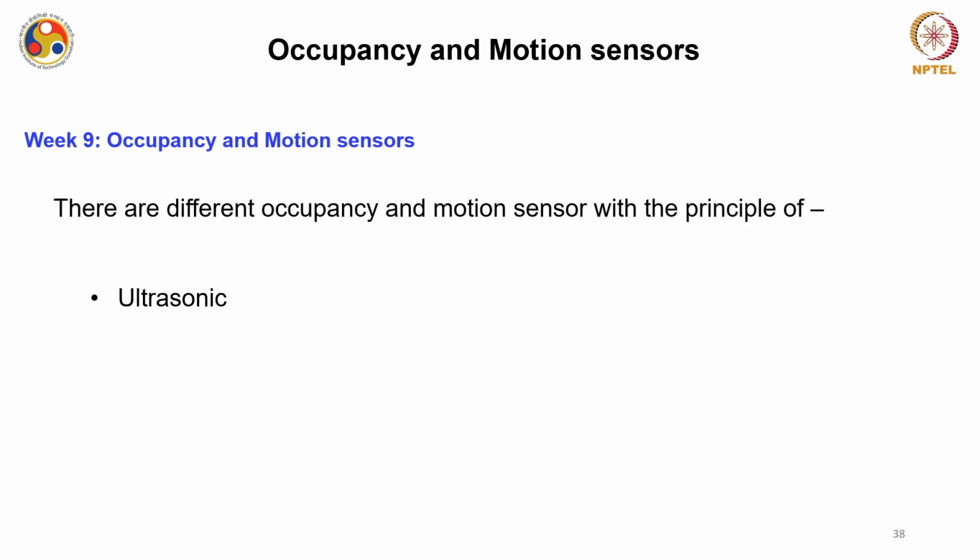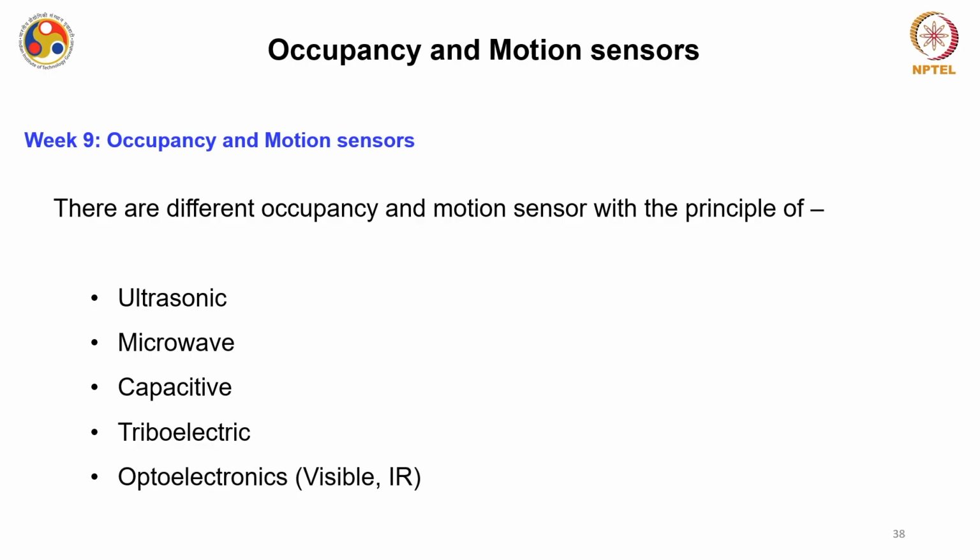There were different occupancy and motion sensors, and the principles were based on ultrasonic, microwave, capacitive, triboelectric, and optoelectronic. In this module, we talked about the Doppler effect, and we have also seen how the microwave based devices also simplify to work on this Doppler effect.